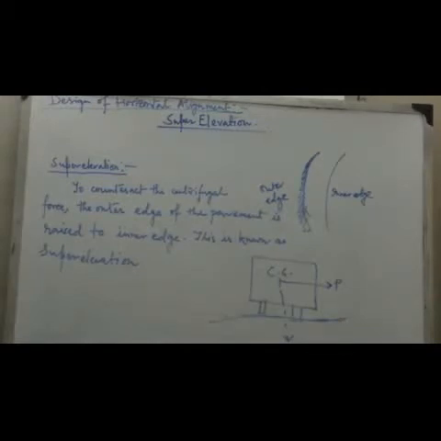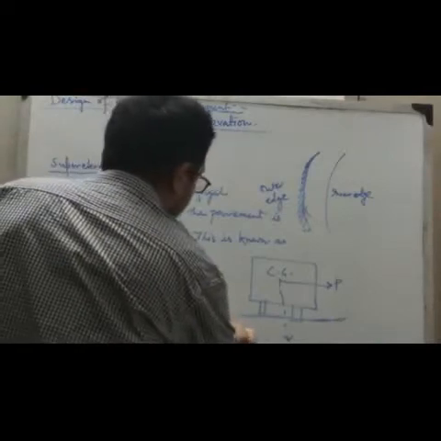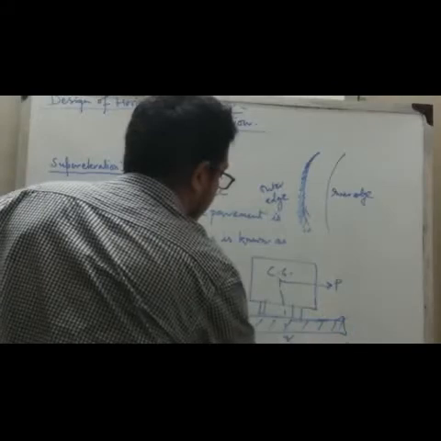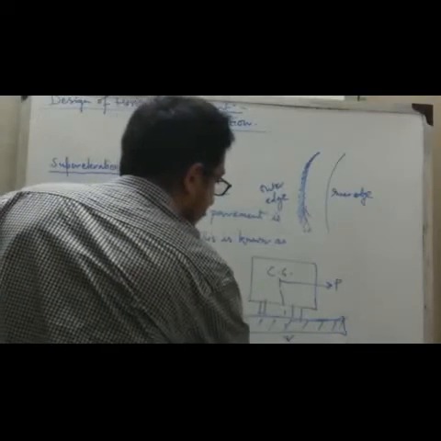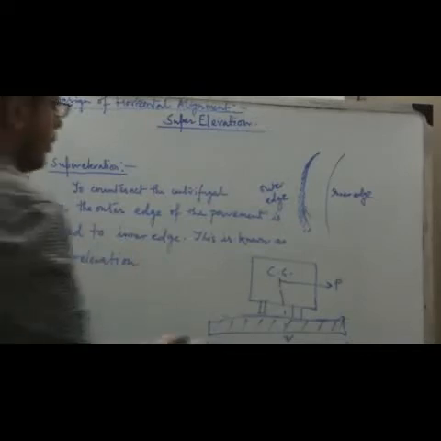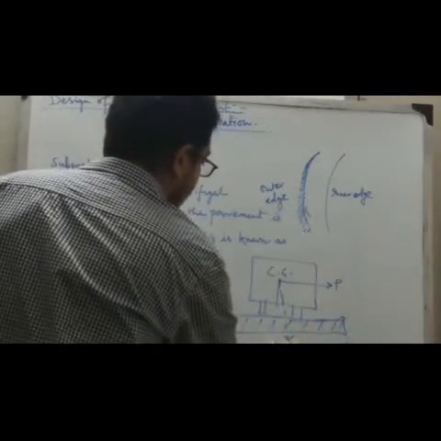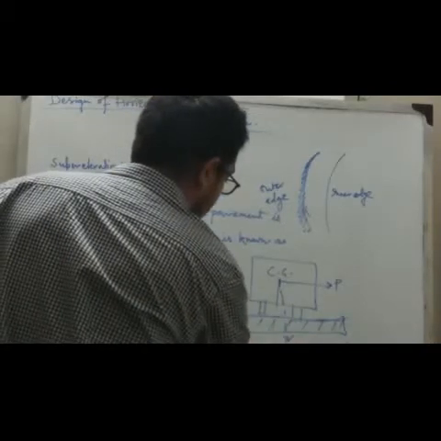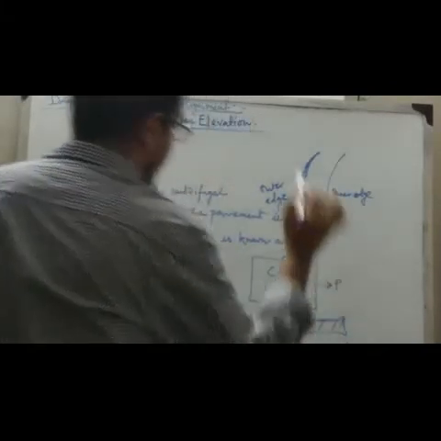If this is the pavement, its width is denoted by capital B. By this weight of the vehicle and the centrifugal force, suppose this angle is theta.